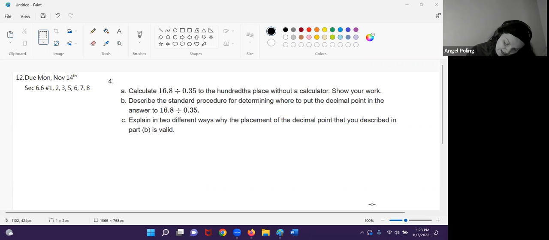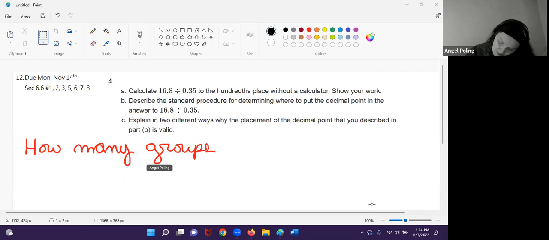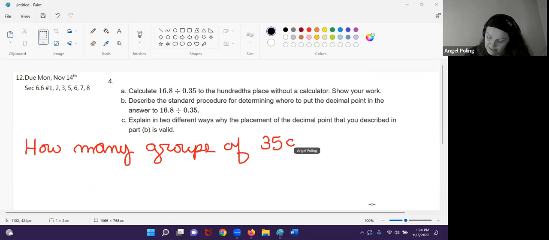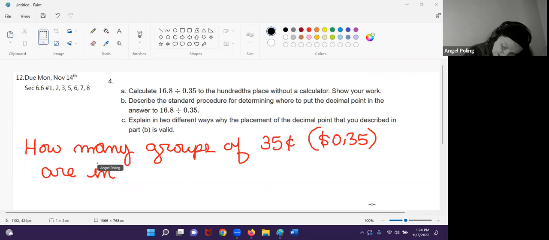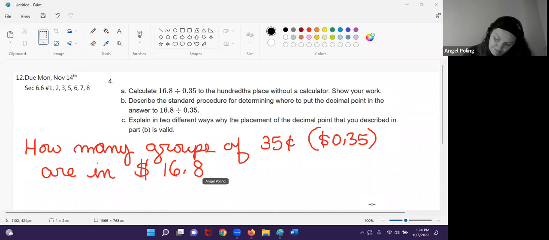So like we could say, how many groups of, I call it 35 cents like this, but the book always calls it 35 cents like this. So how many groups of 35 cents are in $16.80?